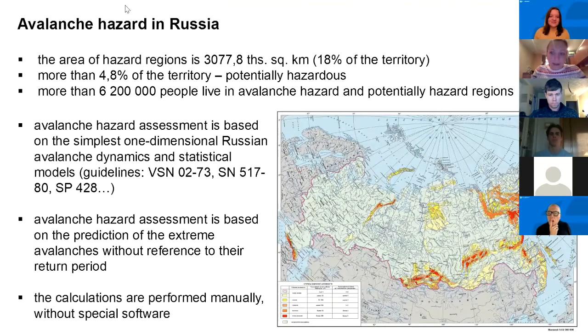So I would like to start with the avalanche problems in Russia. Avalanche-hazard regions in Russia occupy 18% of its territory. So that's really a lot.